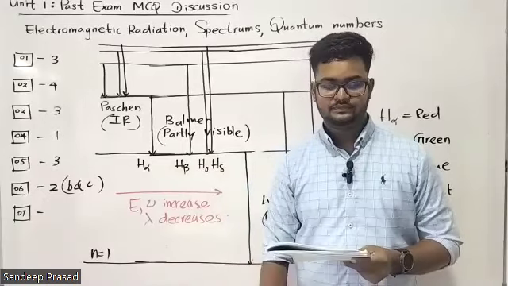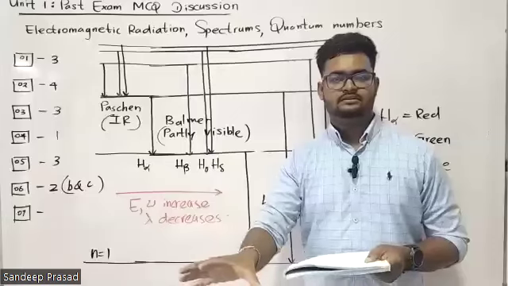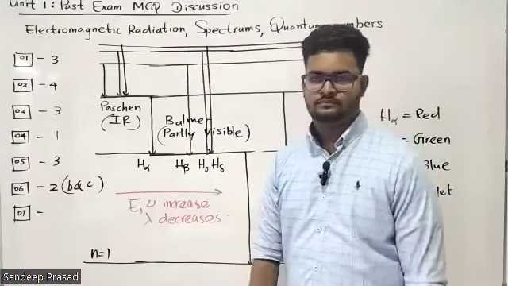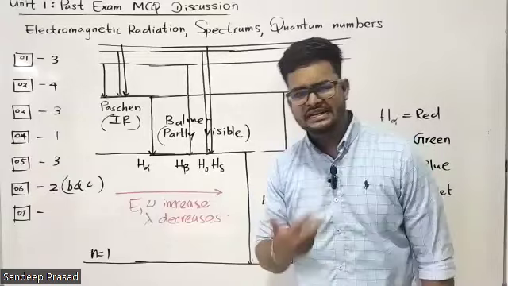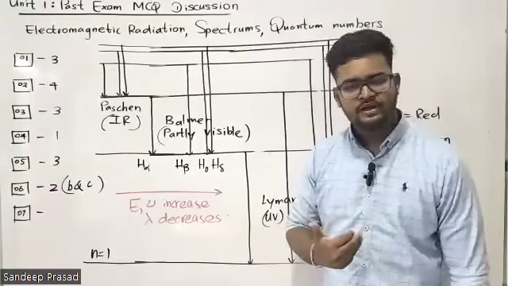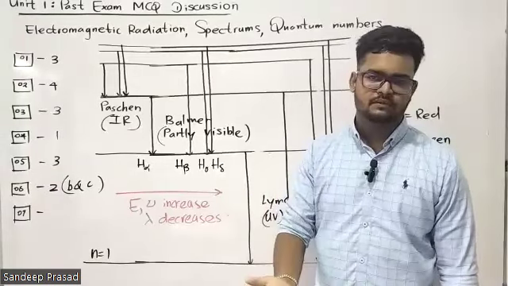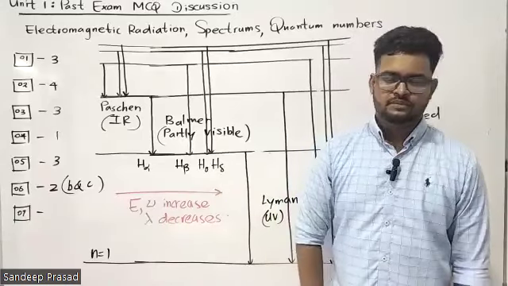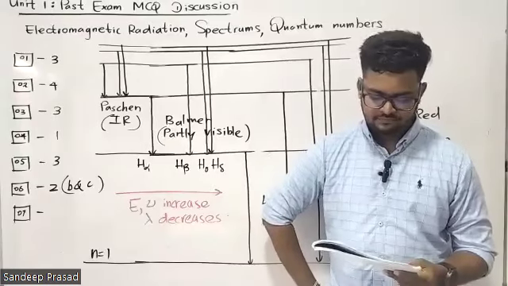That's also correct. Is that the reason for the greatest ionizing power of alpha? What could be the reason that alpha particles have greater ionizing power than beta and gamma? Because of what? What do you think?